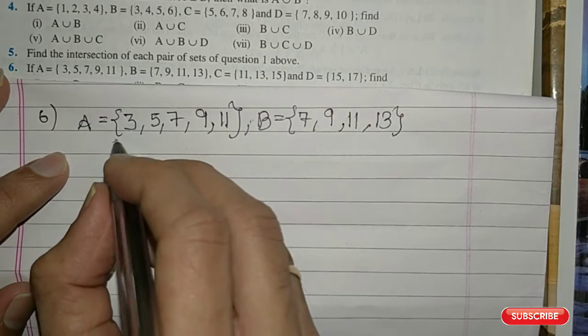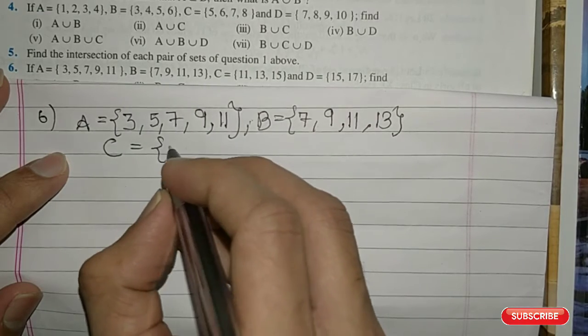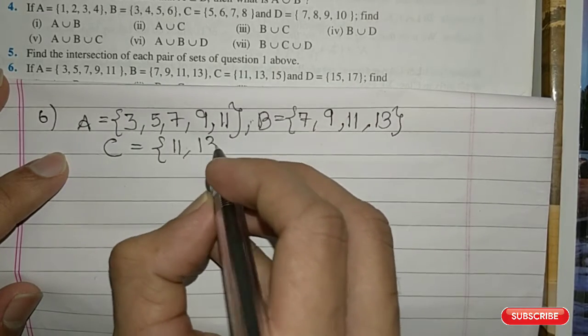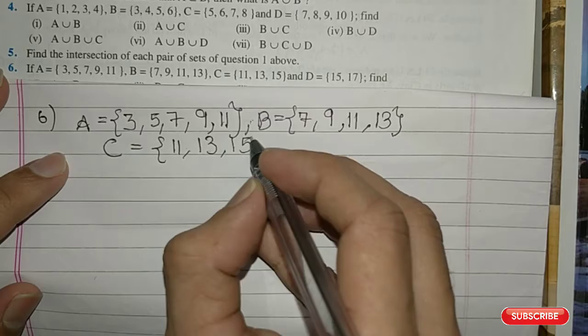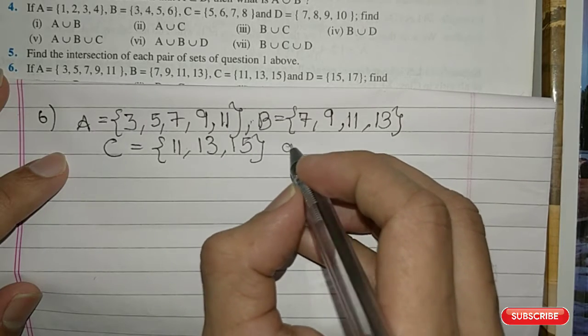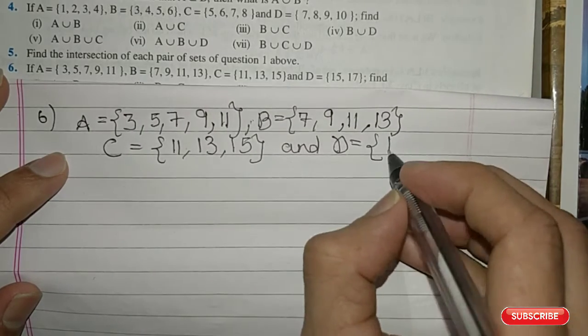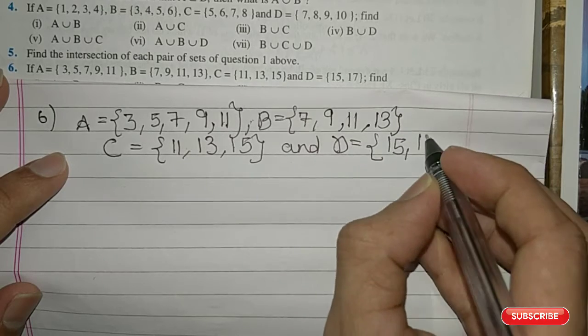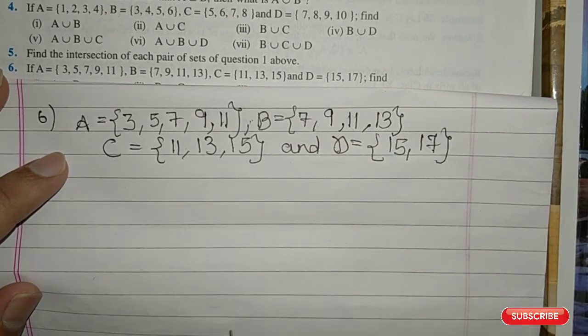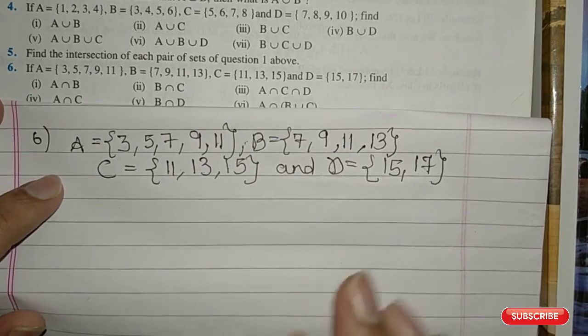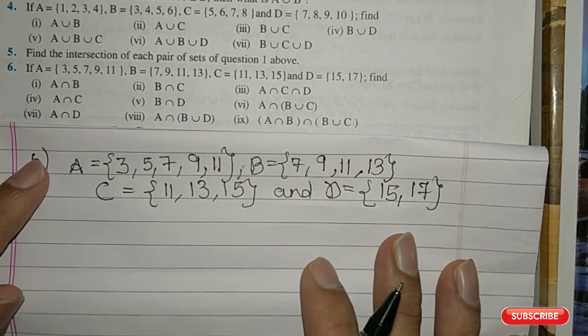The set C is equal to 11, 13, 15, and the set D equal to 15 and 17. So here you have to solve these questions.